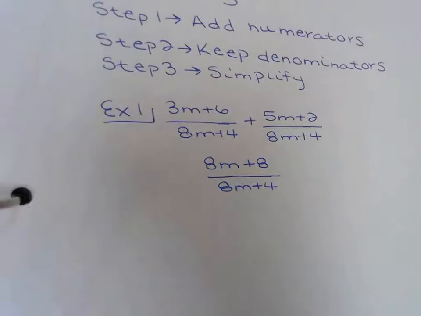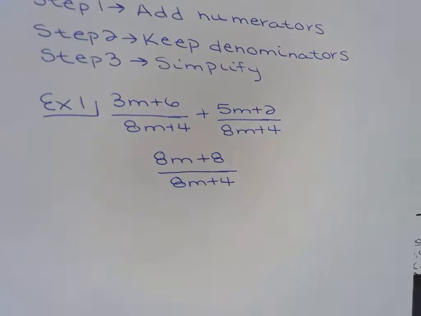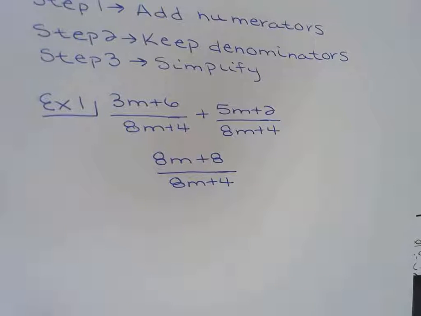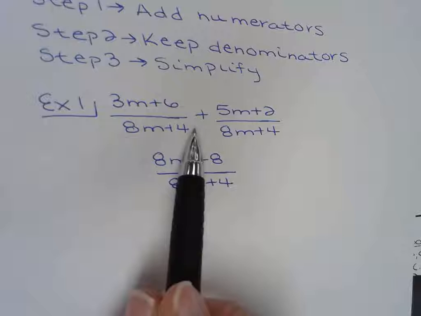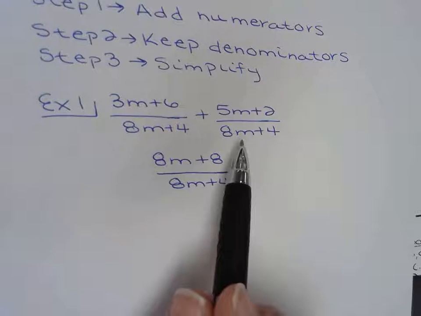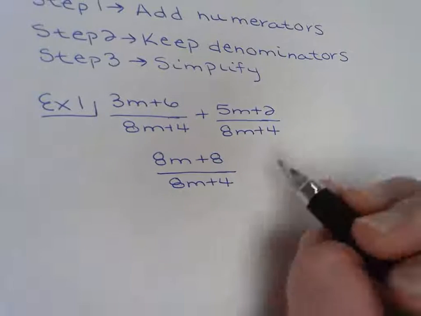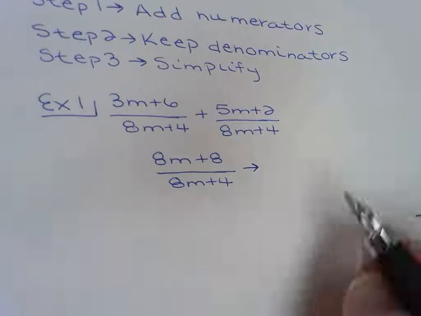Is that simplified? No, because you can't reduce with the plus there. Any questions on what I did so far? Common denominators, you add the numerators together, keep the denominator the same. Now see if you can simplify this. So let's factor.